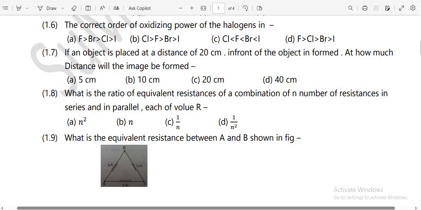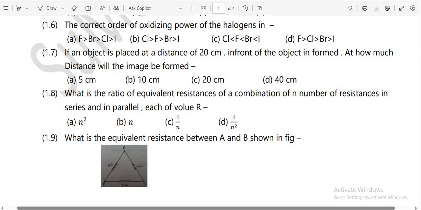1.7 If an object is placed at a distance of 20 cm in front of the mirror, at how much distance will the image be found?